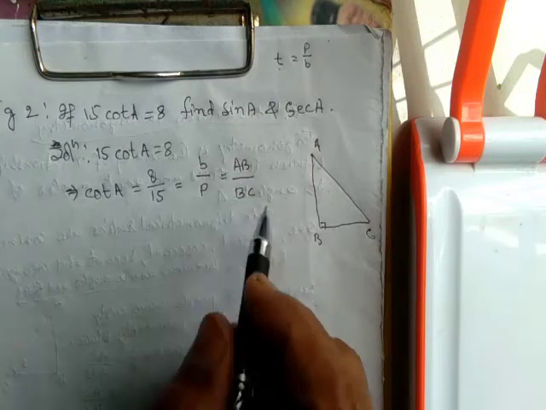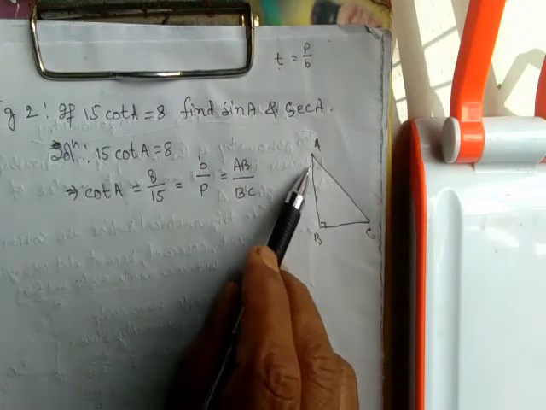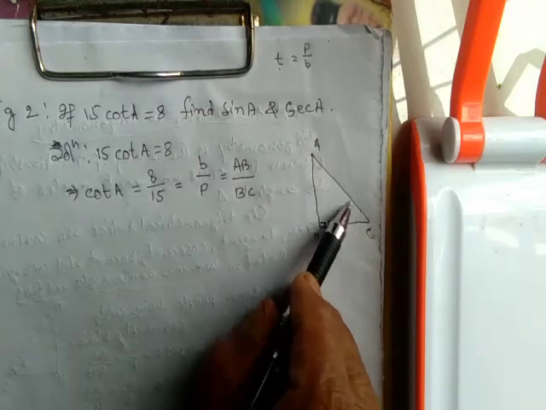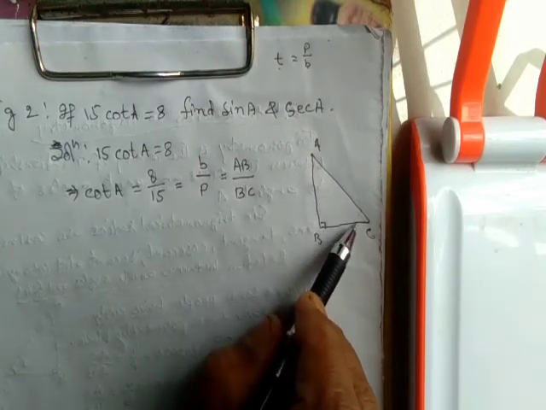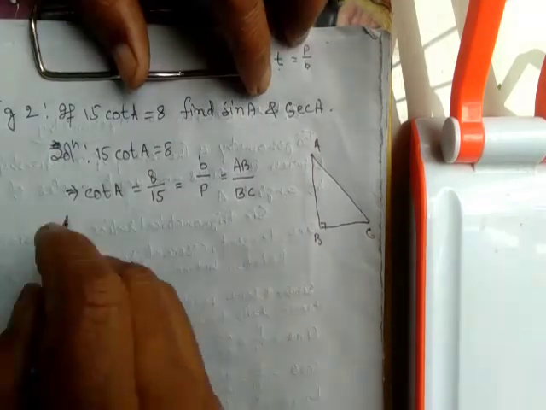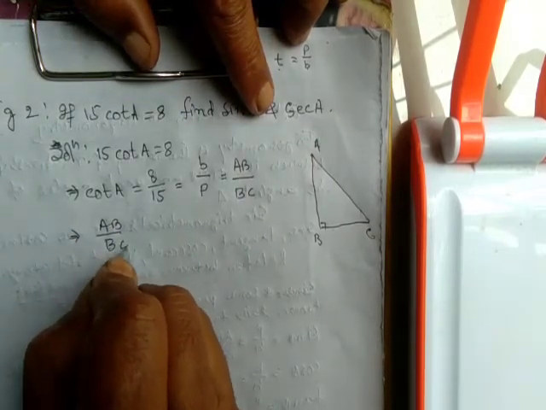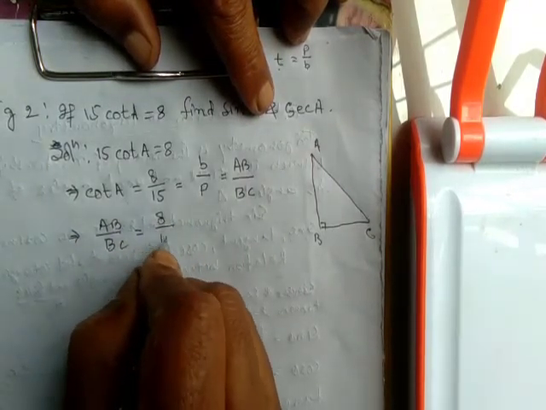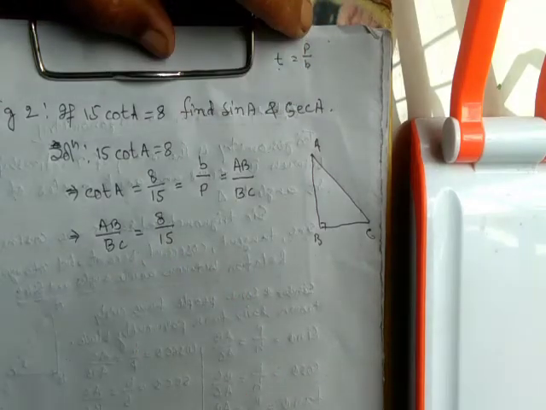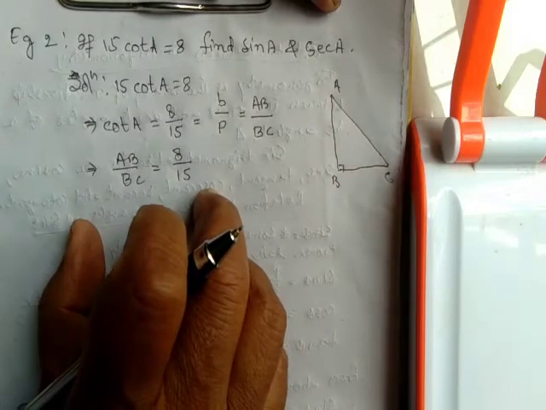Now I have to find the hypotenuse. Before this, one more step: AB by BC is equal to 8 by 15. I am keeping this step here.